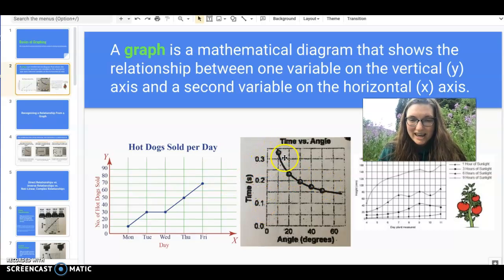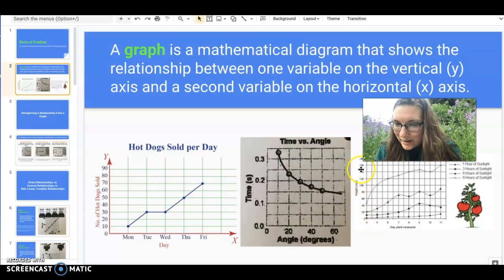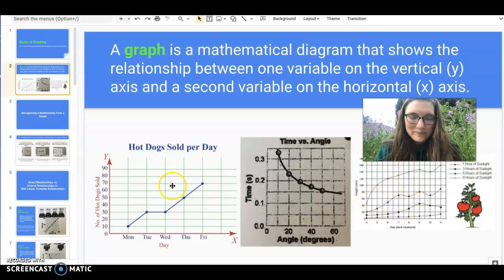You can see this has an inverse relationship. It looks like a deceleration, but really the time is getting less and less as the angle gets bigger and bigger. Then this is over time, how tall is this plant getting?